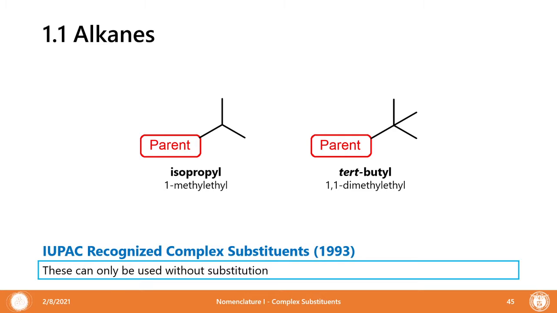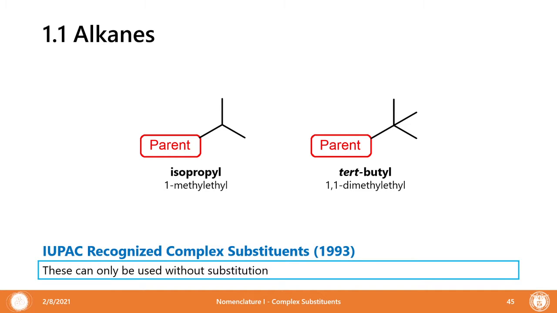However, these can only be used without substitution. If you have an isopropyl group, for example, you cannot attach anything to it and change its name to, for example, 2-methyl isopropyl. You can only use isopropyl if it's that exact group. So no substitution. You cannot add any substituents to it.